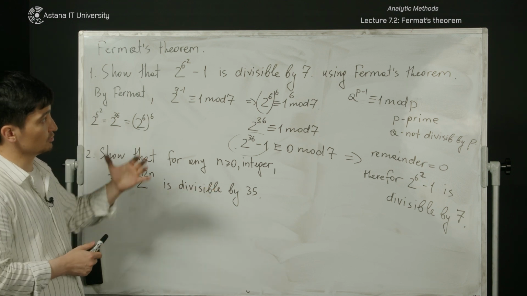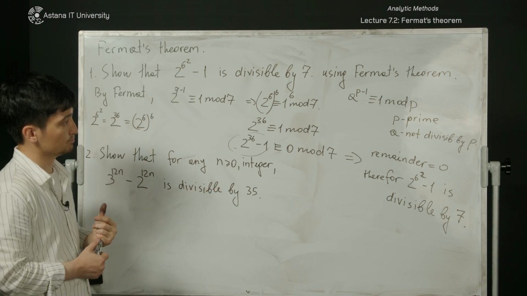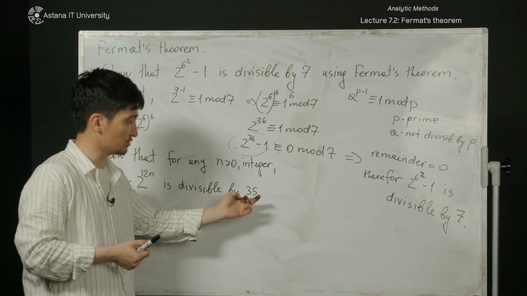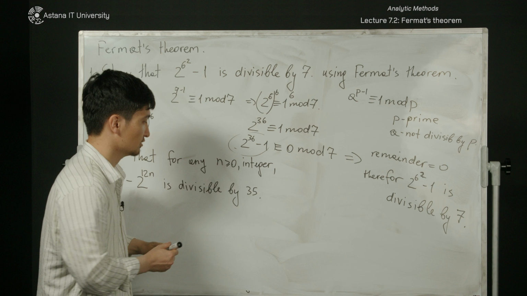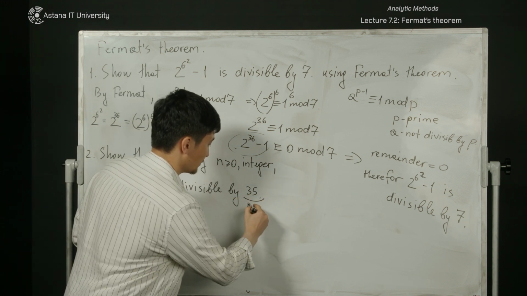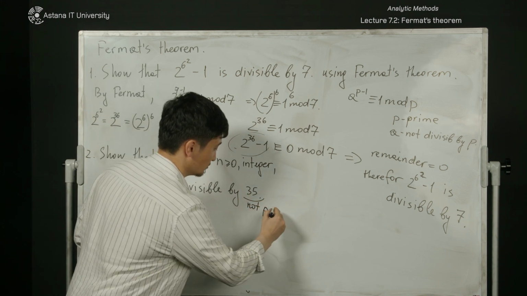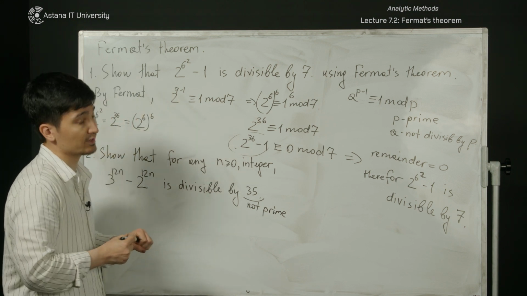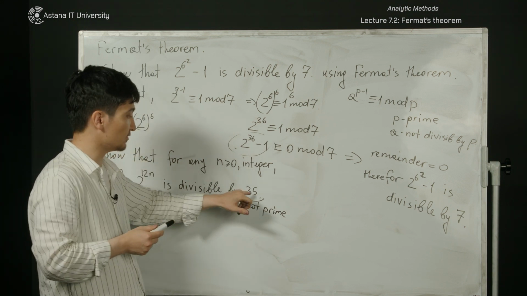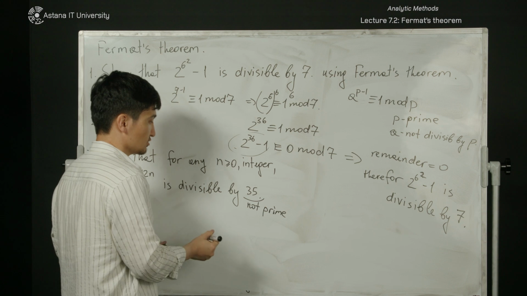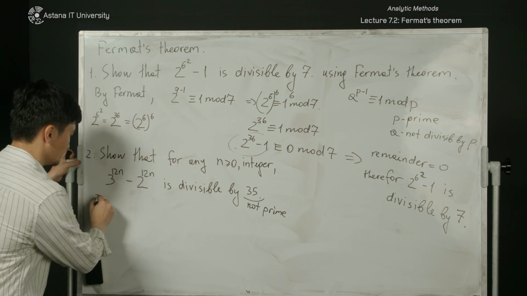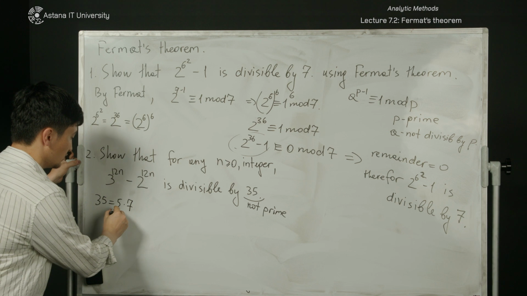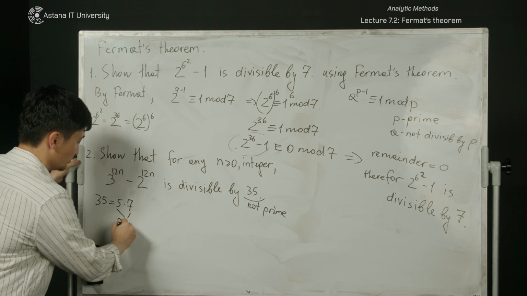Now, if I want to use Fermat's theorem in this case, I cannot use it directly because I cannot divide by 35 since 35 is not a prime number. But what I can use instead is factors of 35. So 35, remember, is 5 times 7, and each one of them are prime.